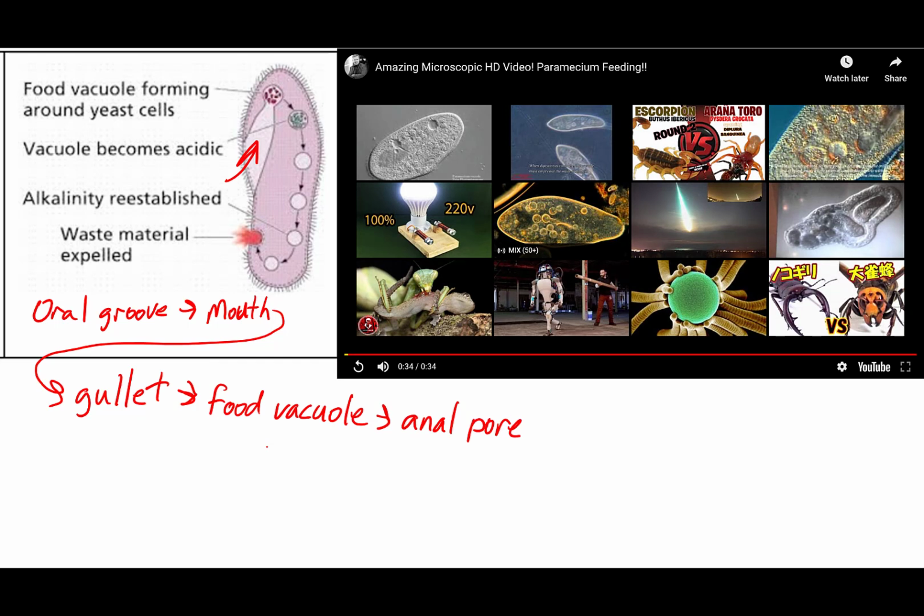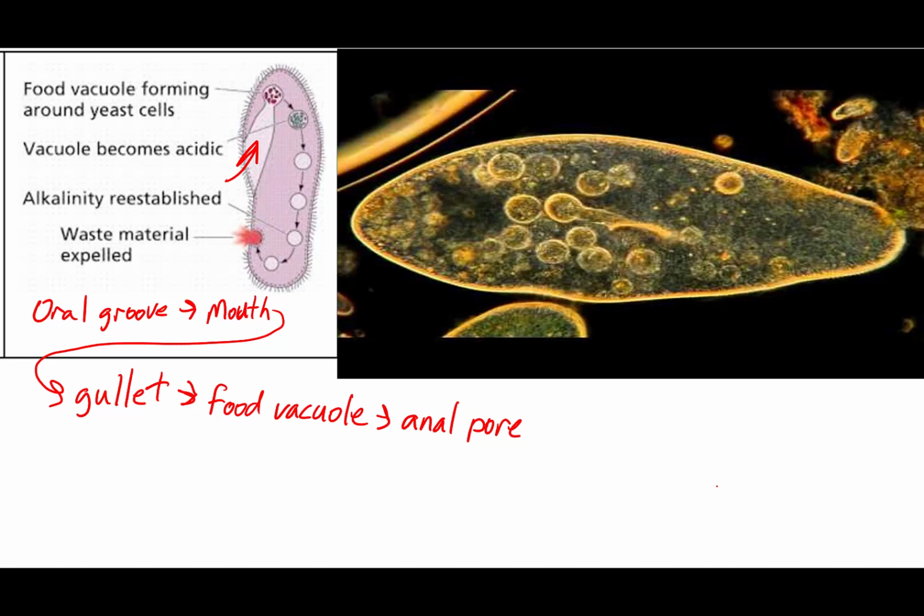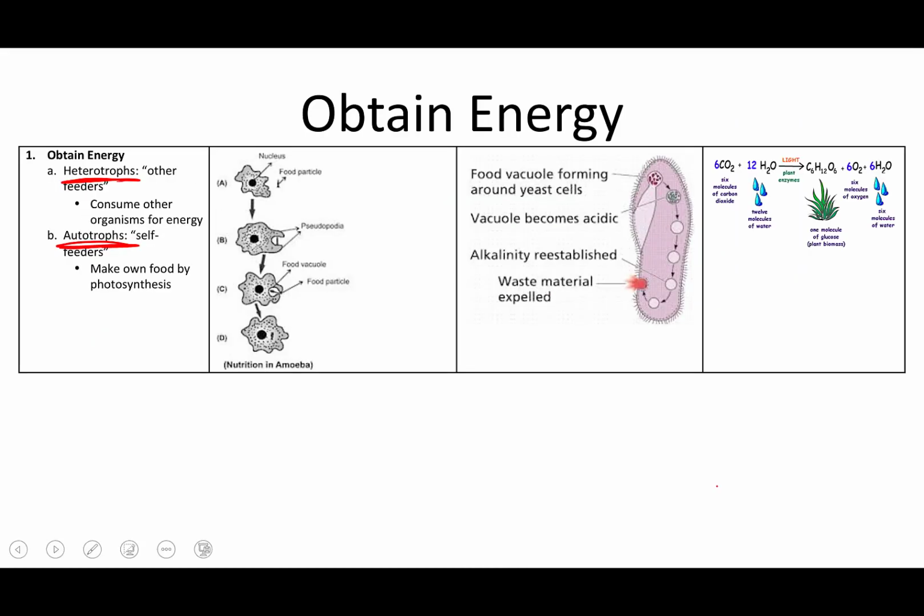And I'm going to flip back. It'll let me. There we go. So these two are heterotrophs. They are the other feeders. Hetero means other, homo means the same.